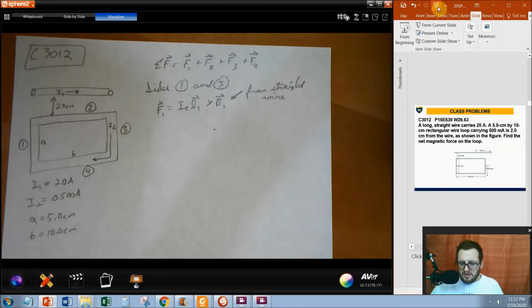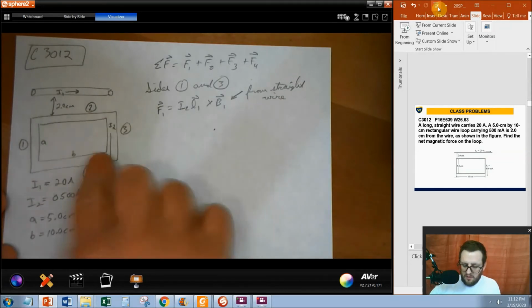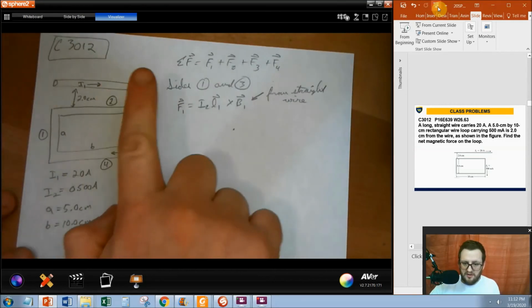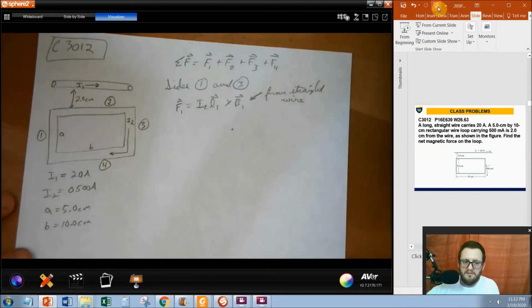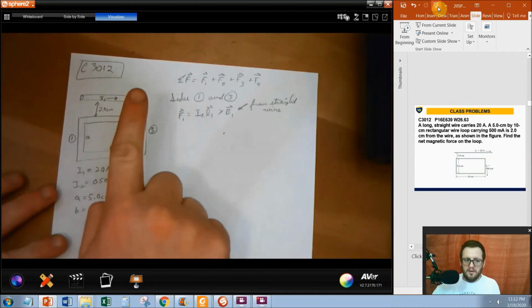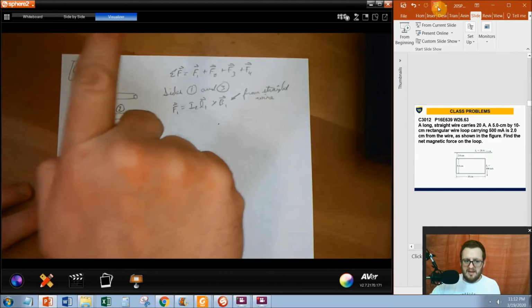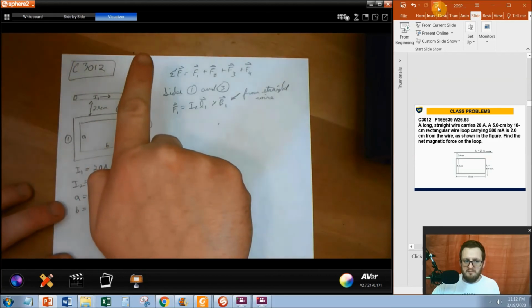What is the direction of this? Since the current is going clockwise, I point my first finger in the direction of the first vector, L1. I can't zoom out anymore. There we are. L1, and I point my middle finger in the direction of B1.